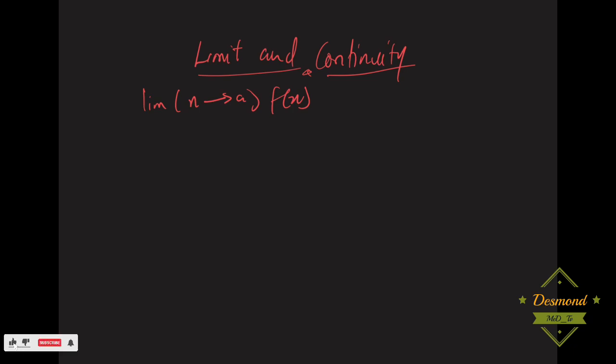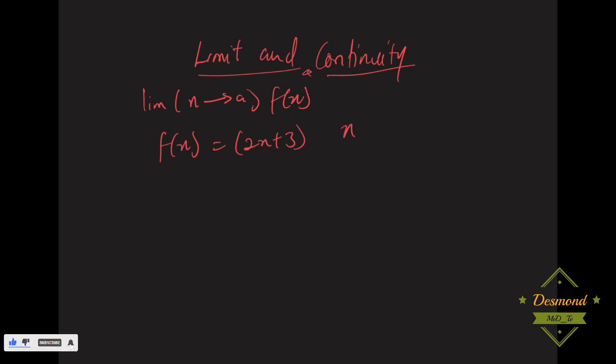Consider the problem f of x being equal to 2x plus 3. Now let's find the limit as x approaches 2. The first thing we need to do is substitute the value of x into the function.